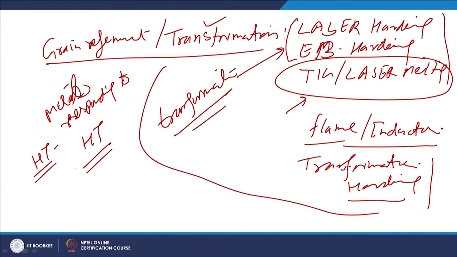So, heat treatable metals like medium or high carbon steels, cast irons, and alloy steels can be subjected to these methods, where transformation is used for improving the wear resistance of the surfaces.